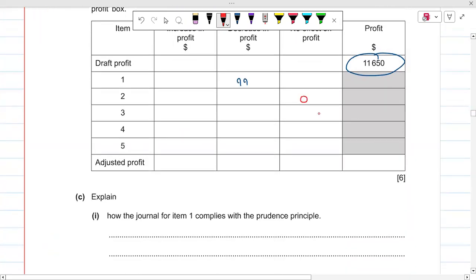So that is why whenever we are rectifying our errors, it will create a positive effect on the profit, because previously we just deducted the $500 from our profits as an expense, but now we are adding back $500 into the profit because we just rectified our mistake, our entry.